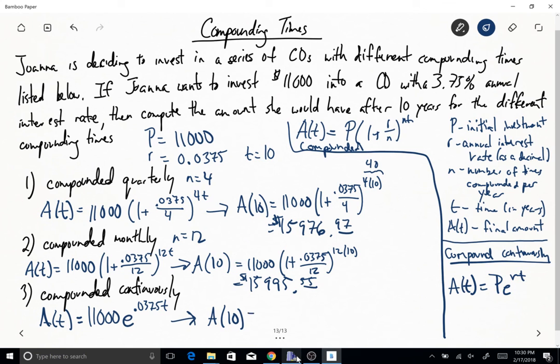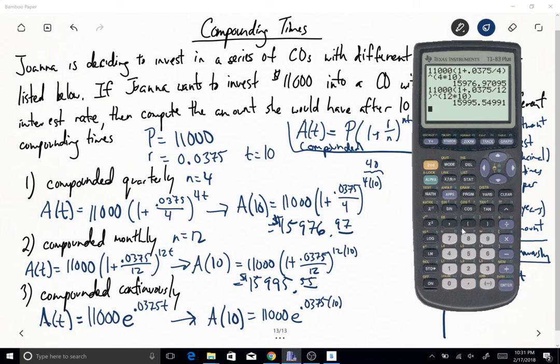We have A of 10 is 11,000 times e to the 0.0375 times 10 up here. Okay? So now, what does this become? Make sure you know where to locate the e button on your calculator too. How do we do it? Oh, crud.